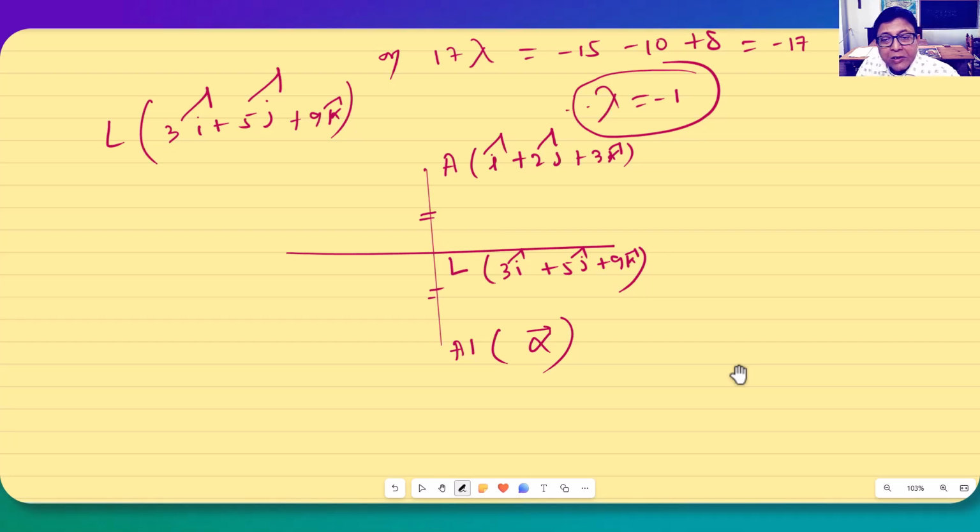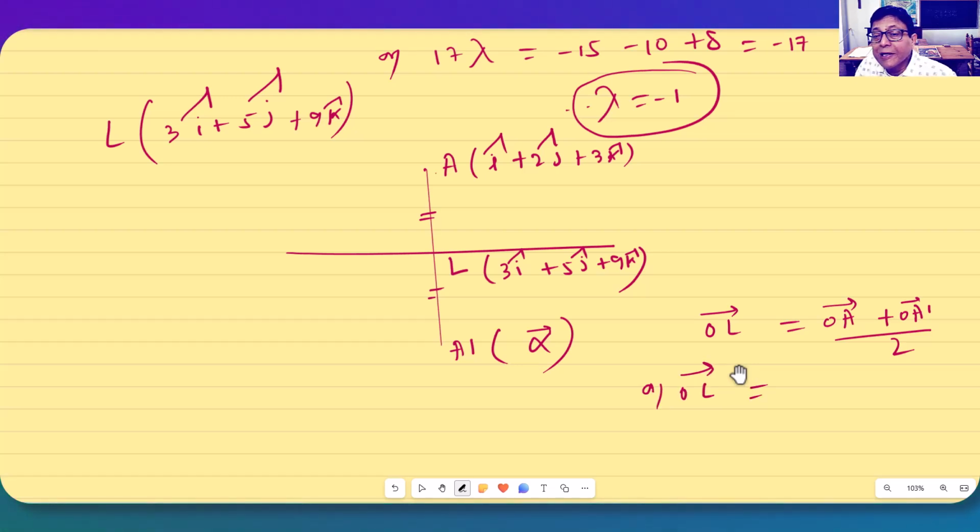Okay? So you can write that OL vector equal to OA, midpoint formula in vector, by 2. We have done in vector episode. If this is a midpoint, then position vector of L is given by position vector of A plus position vector of A dash by 2. Or OL going to be what?